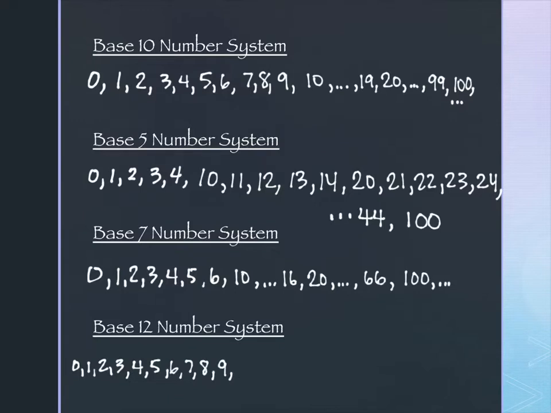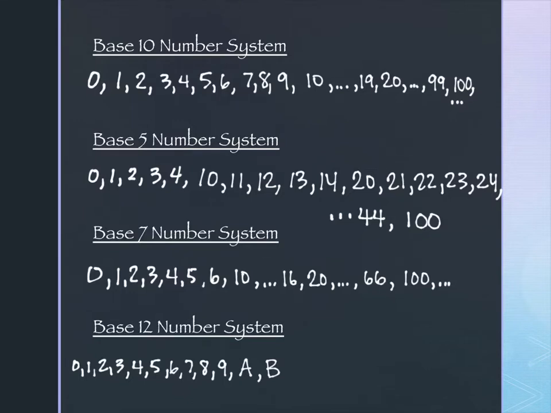But I need a single-digit number that represents 10. And what I do is I go to A. And I need an 11, because that's one shorter than 12. And so I will go to B. At that point, I've run out of digits, because that's the number 11.